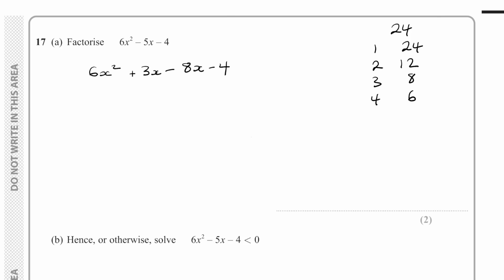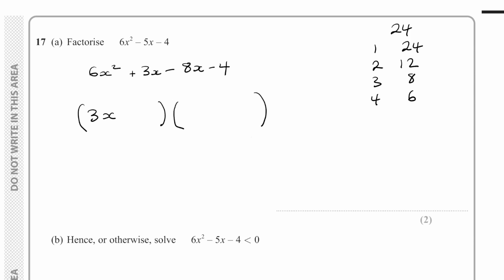When you expand double brackets, you get 4 terms, and then you add them together, you simplify them. I've split it back up, so I've got 4 terms again. Now I'm going to put it into double brackets. What can I take out of the first 2 terms? 6x squared and 3x. If I was factorizing them, I would take 3 and x out.